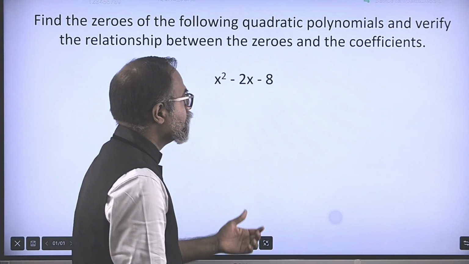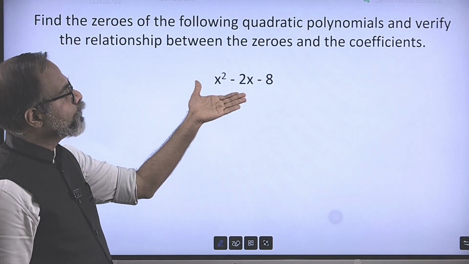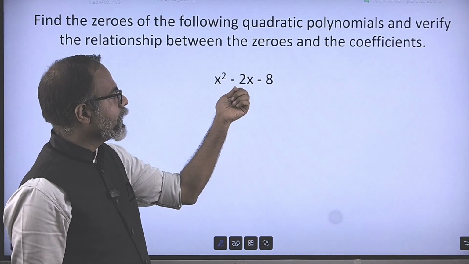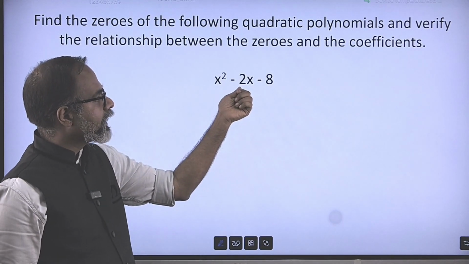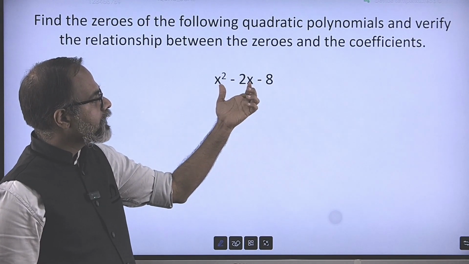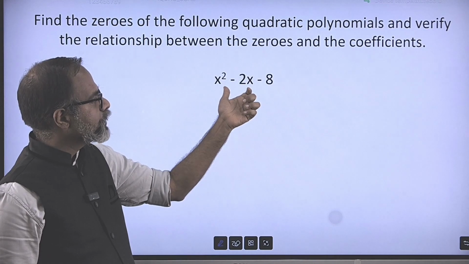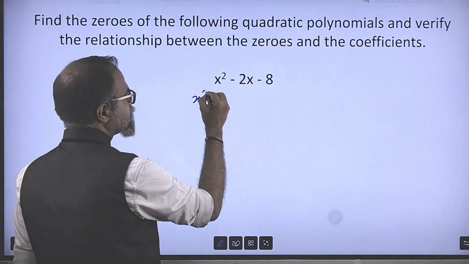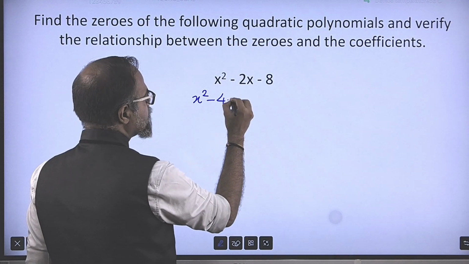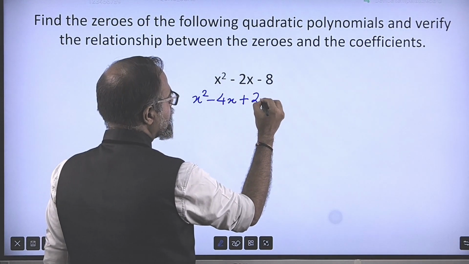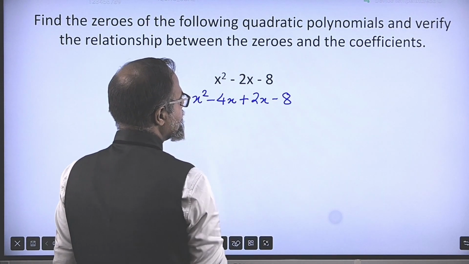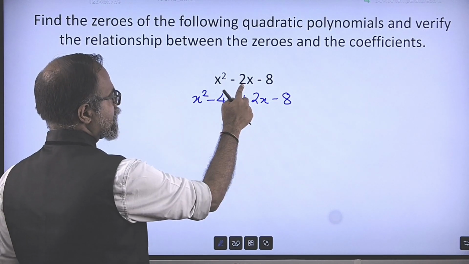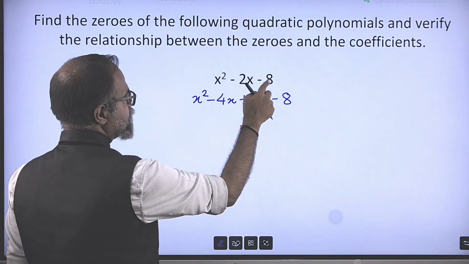Now, to find the zeros, I'm going to split the middle term. Remember, I have to split the middle term such that when I multiply the numbers, I get minus 8 and the addition of the terms is minus 2. So I can write this as x square minus 4x plus 2x minus 8. Minus 4x plus 2x is minus 2x. Minus 4 into 2 is minus 8.